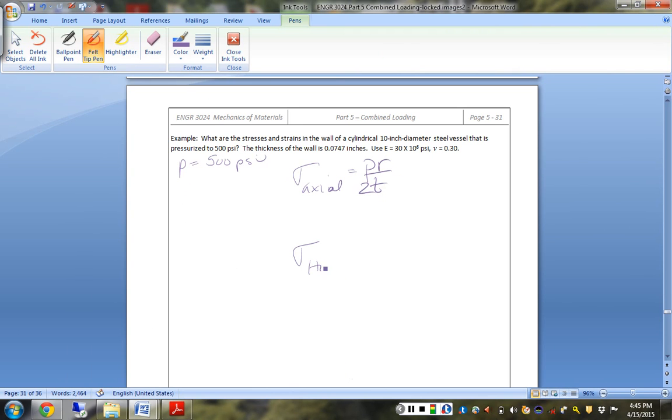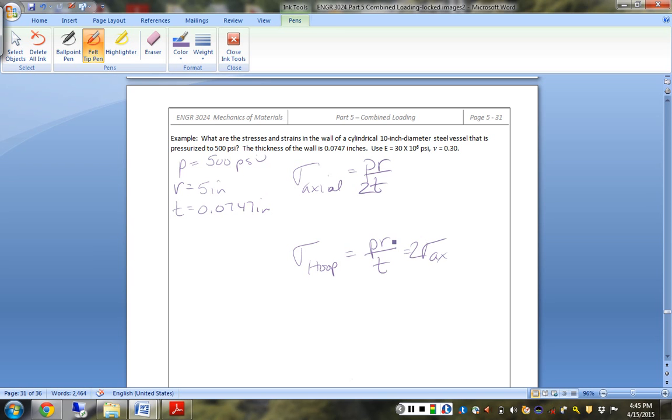Hoop stress is PR over T, or 2 times our axial. We need our radius. The diameter is 10, so our radius is 5. We're given that the thickness is 0.0747, which, by the way, is the actual thickness for a 14-gauge steel. Random trivia.